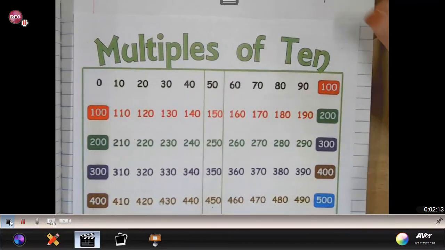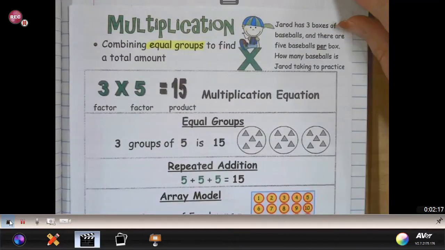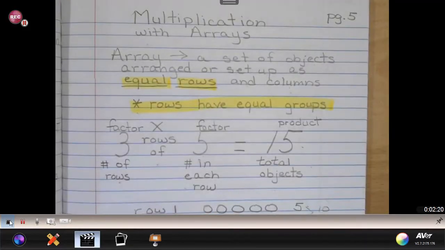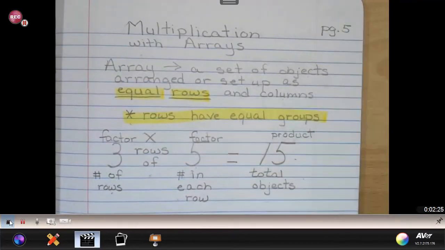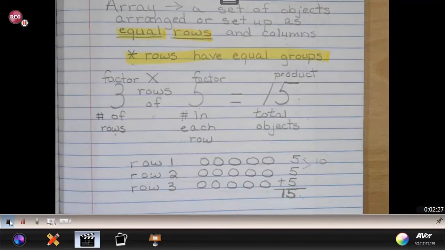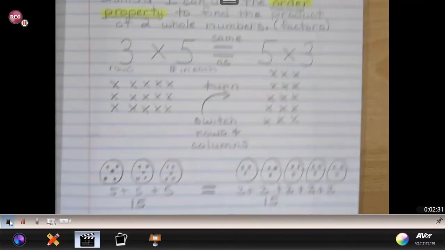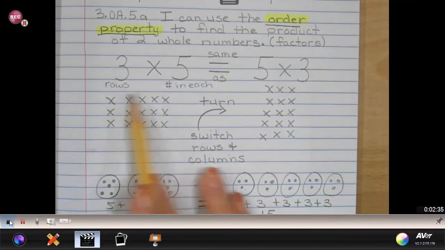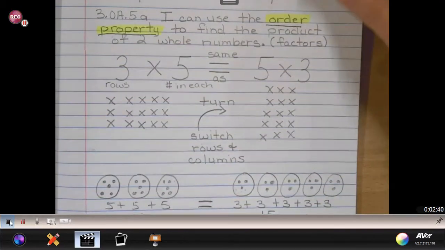We have our multiplication anchor chart on page 4. Page 5 is multiplication with arrays. Page 6 was on our order property of multiplication, where we could switch the factors and still have the same product.